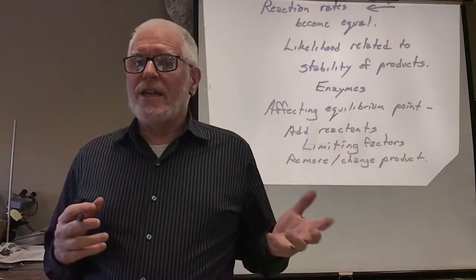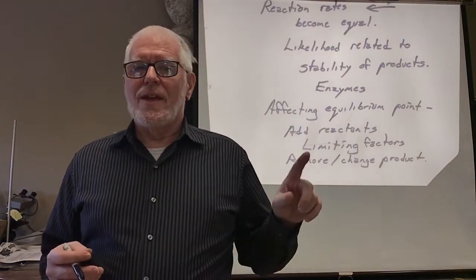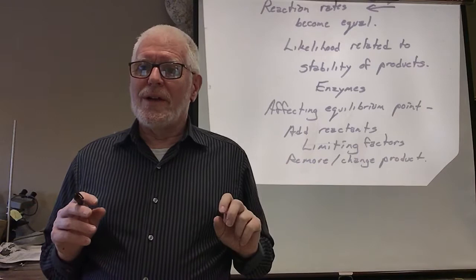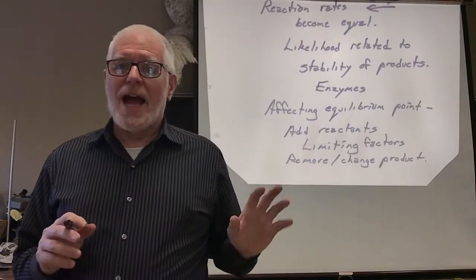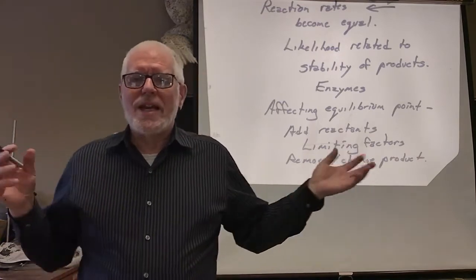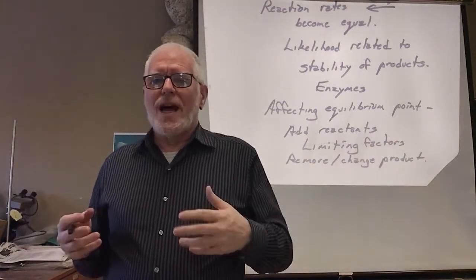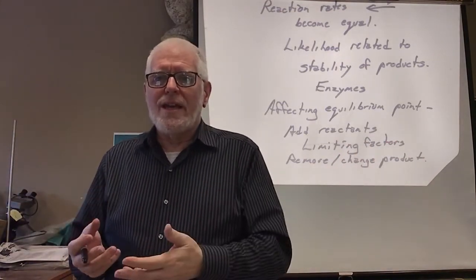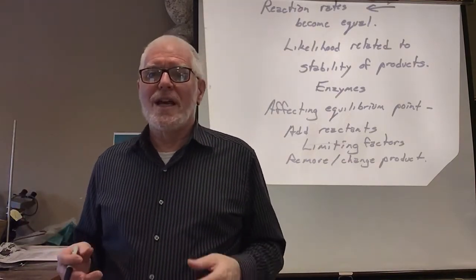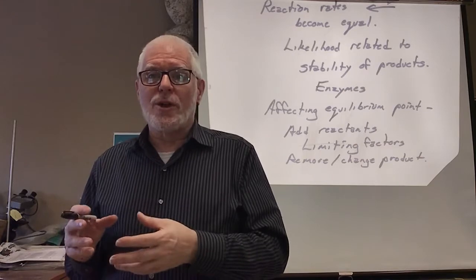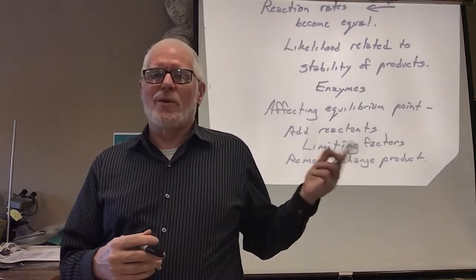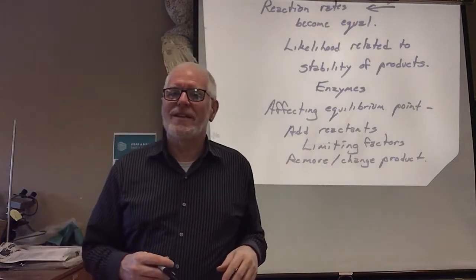And if you're combining 3 reactants, whatever you have the least of is going to limit the reaction, right? If you're making cookies and you realize, okay, I'm way lower on brown sugar than I thought I was, then that amount of brown sugar limits how many cookies you're going to be able to make unless you want to change the recipe. And of course, in a reaction, you can't change the recipe.